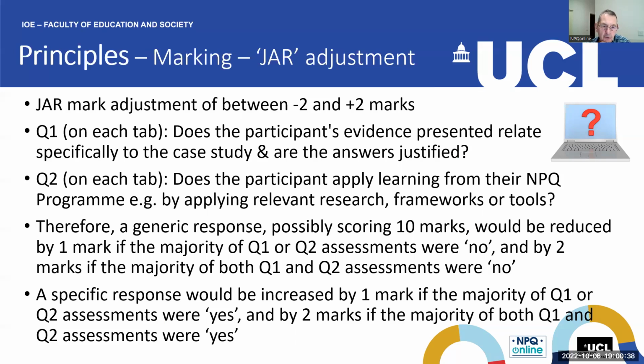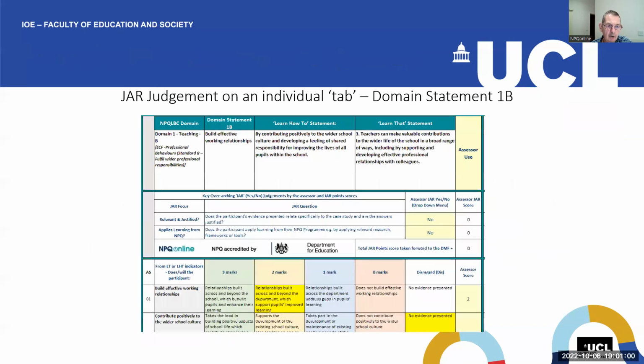Question 2 on the score, as we show in a moment, is about the application of learning, and certainly you must be able to show that your responses in the final summative assessment illustrate the learning that you've achieved during the program with UCL. So if I actually go into one of the domain statement tabs, this is what it looks like in one of the tabs.